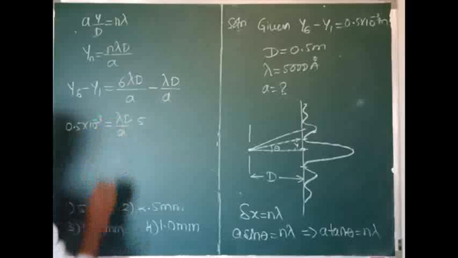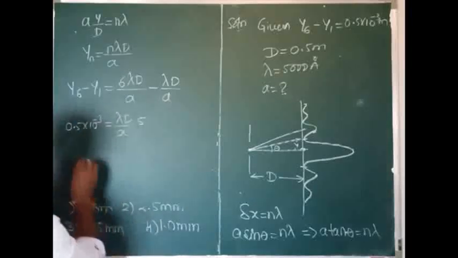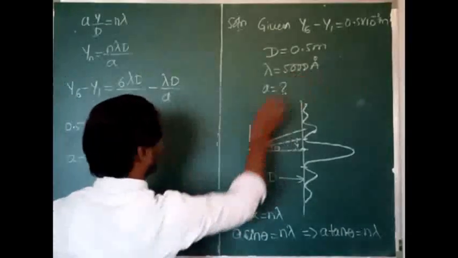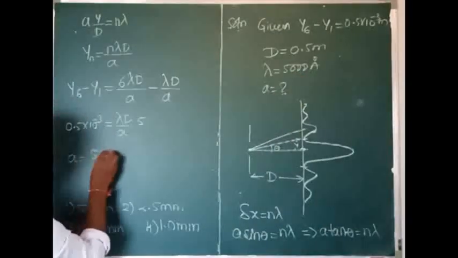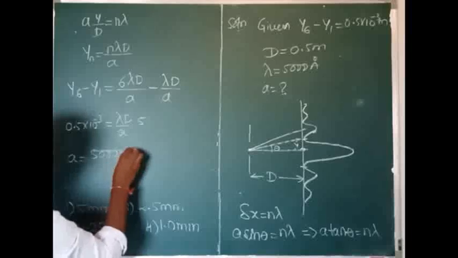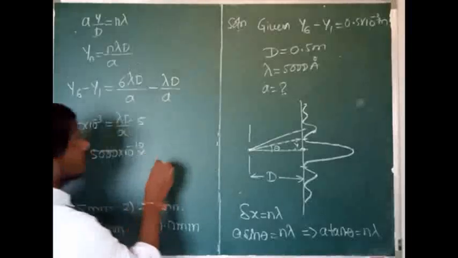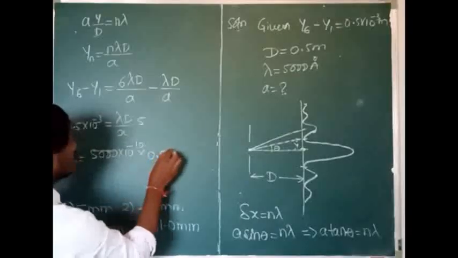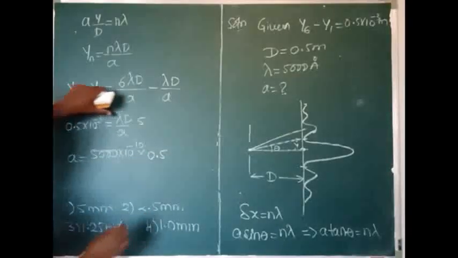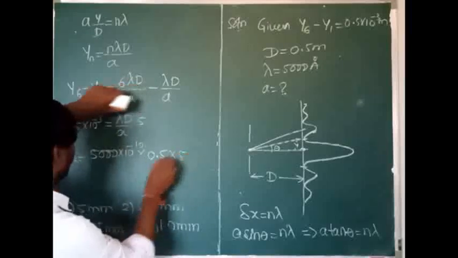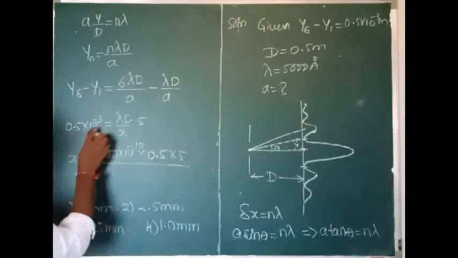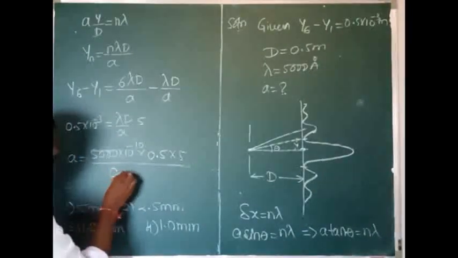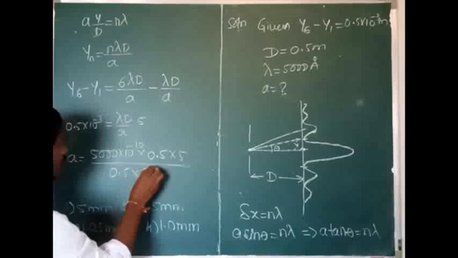Then by putting the values here, we are going to find the a. Then a is equal to, lambda is how much? 5000 angstrom, means 5000 into 10 to the power of minus 10. So capital D is 0.5, into 5, divided by, I will take 0.5 into 10 to the power of minus 3 to the right hand side, that will be divided here. 0.5 into 10 to the power of minus 3.